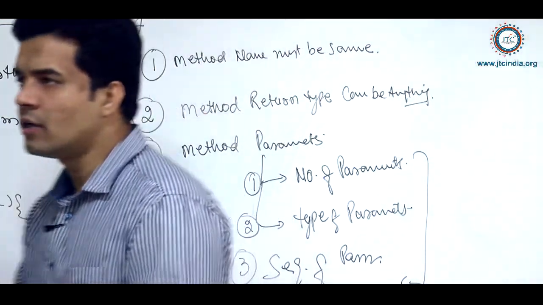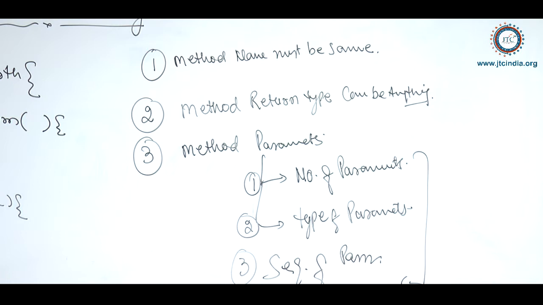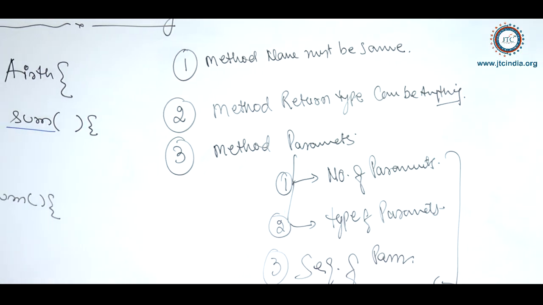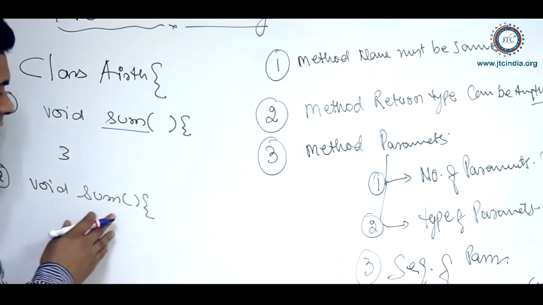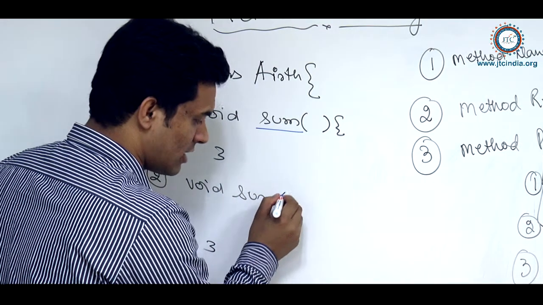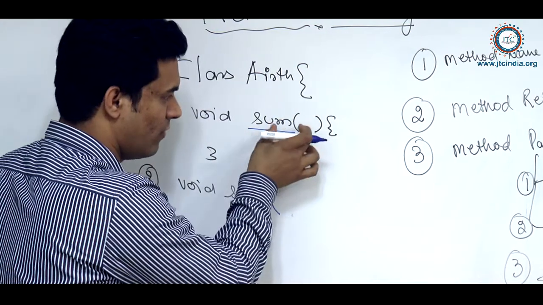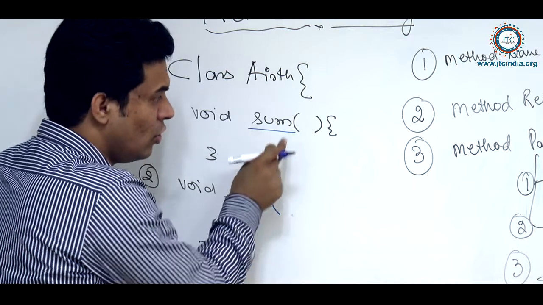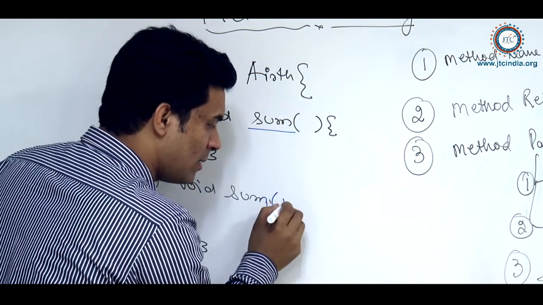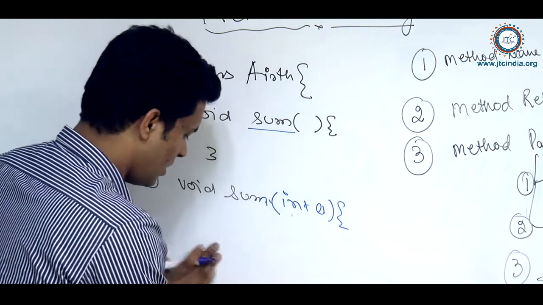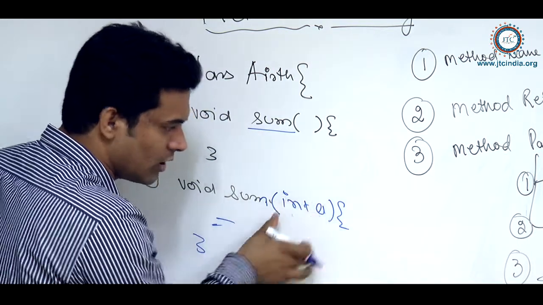So when I am writing a class and have written some method here, no issues. But next time when you are writing another sum method, when you have written one sum method, this sum method must have some parameter. Let's say you are writing one more, int a parameter. If you are writing this, then only it is okay.